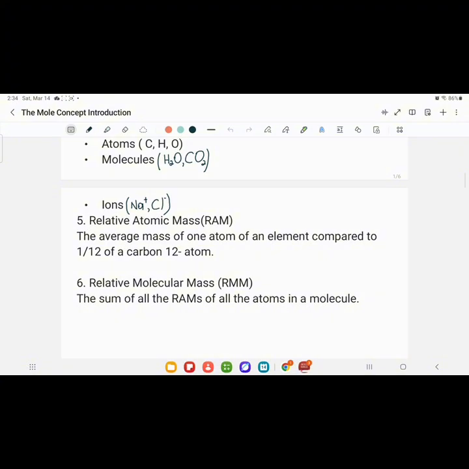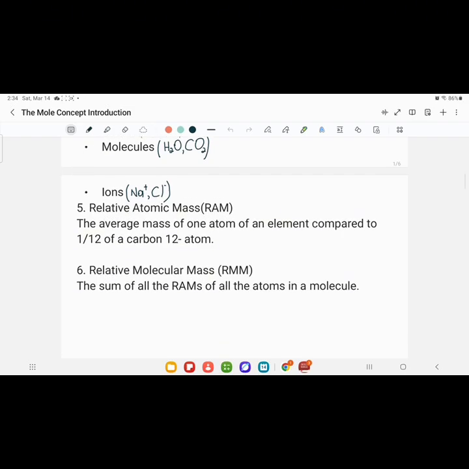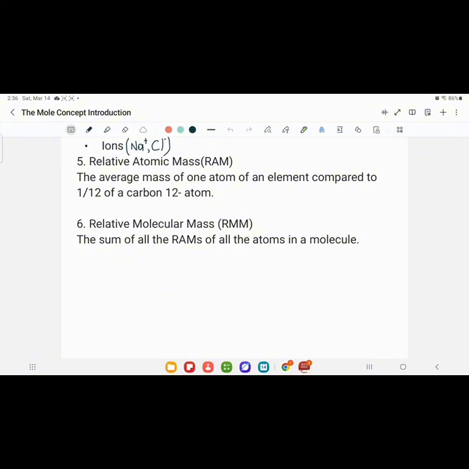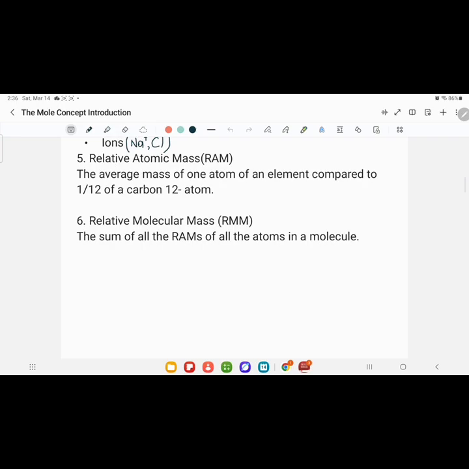The next key term we must be acquainted with is relative atomic mass, or the RAM. The RAM is the average mass of 1 mole of an element compared to 1/12 of a carbon-12 atom. So for example, let's say we have chlorine. The RAM of chlorine will be 35.